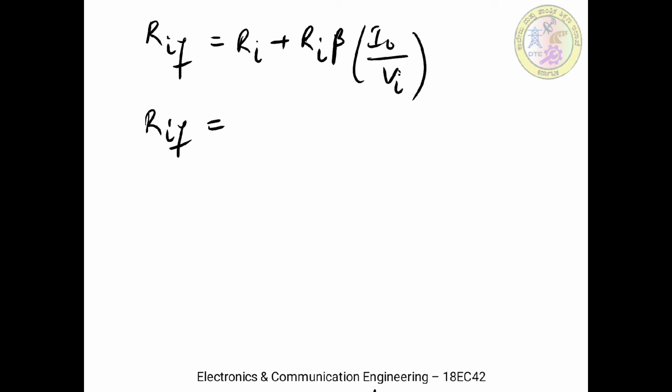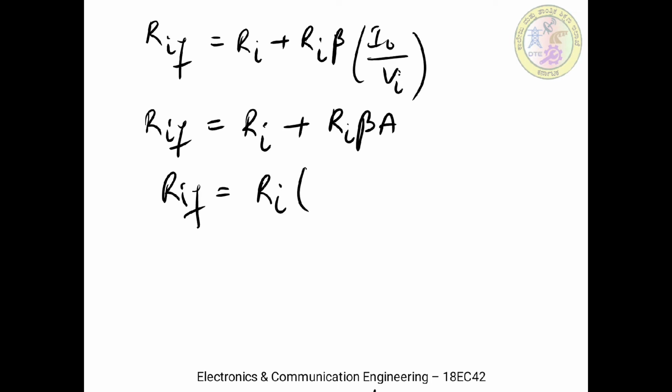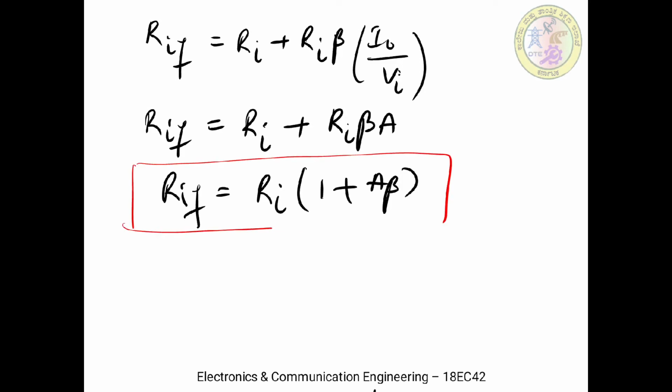Therefore RIF, input resistance with feedback, will be equal to Ri plus Ri into beta, and I naught by Vi is again A. So RIF is equal to Ri into 1 plus A beta. This is the expression for the input resistance. Let us take it as equation 3.